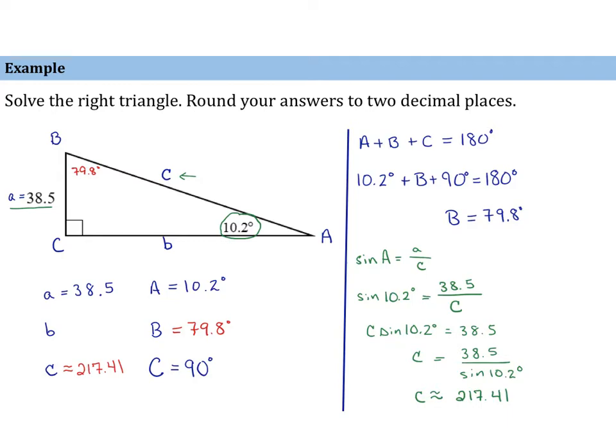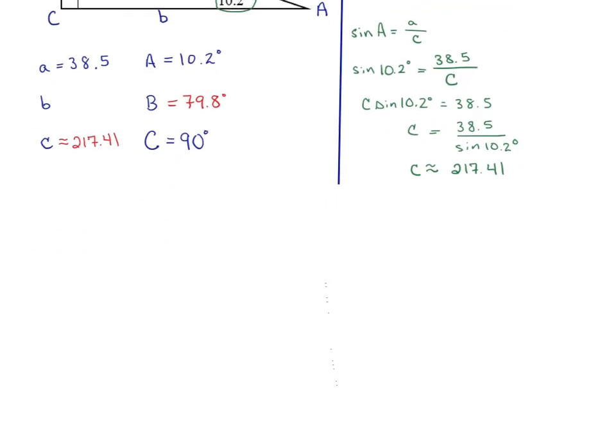Now it's left for us to find b. To find b, we know angle A, b is adjacent, and we were given the opposite, so the trig function that relates those three quantities is the tangent function. So the tangent of A should be a over b.